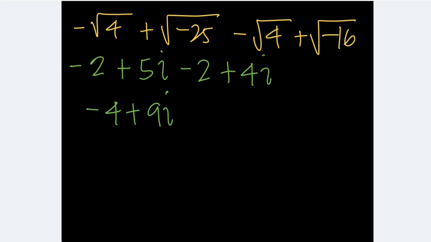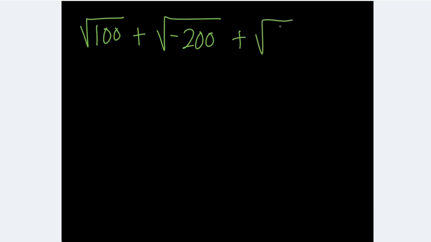Okay, the next one. Square root of 100 plus square root of negative 200 plus square root of 1 plus square root of negative 72. Alright. 100 can be written as 10 squared, right? And 200 is 100 times 2.